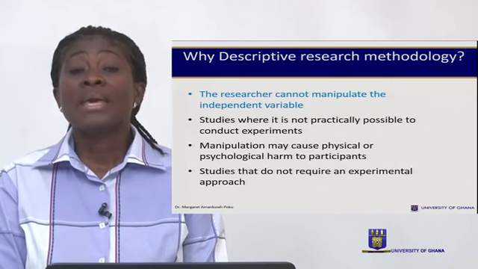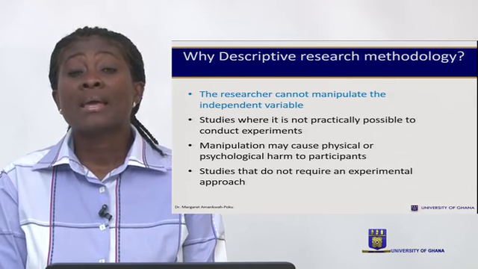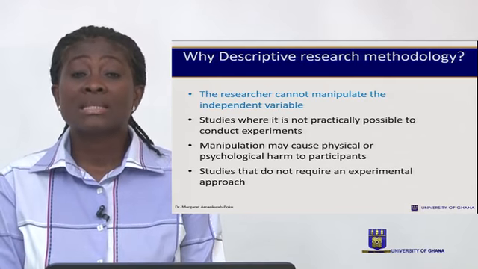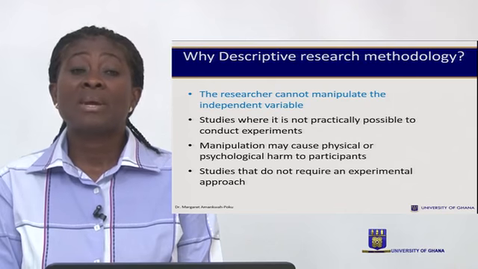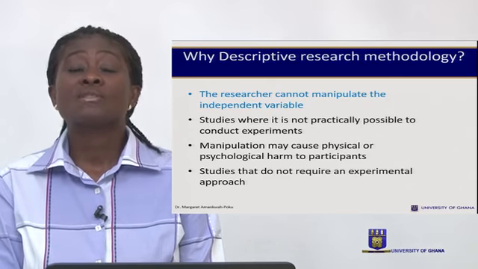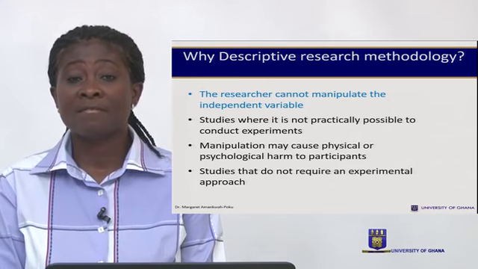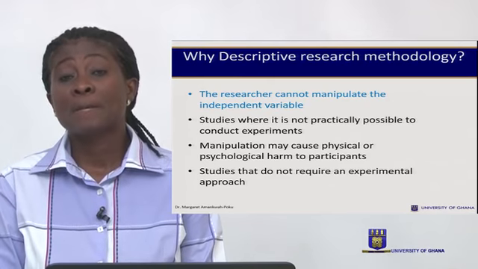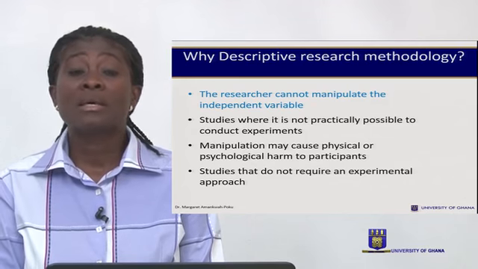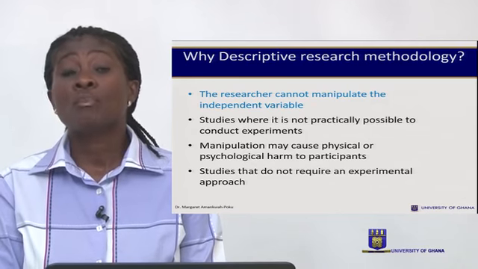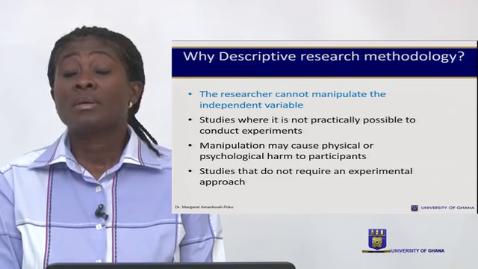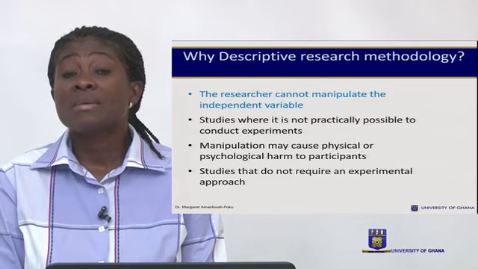Sometimes also, there are instances where the study that we want to conduct, manipulating independent variables, can cause physical or psychological harm to the participants that are involved. So for instance, let's say we want to find out the effect of drug use on people's behavior. In this case, drug use is the independent variable.